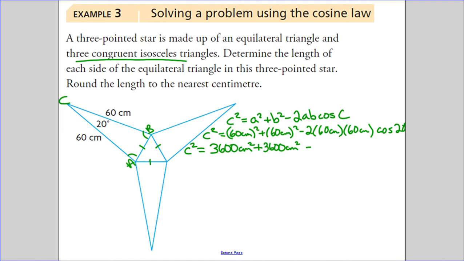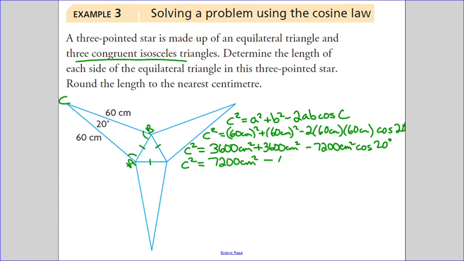Well, 60 times 60 is 3,600, and so times that by 2, and I get 7,200 square centimeters times the cosine of 20 degrees. So c squared is equal to 3,600 plus 3,600 is 7,200 square centimeters minus, and then I need to do 7,200 multiplied by that cosine value of 20.